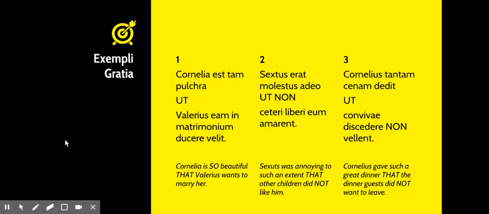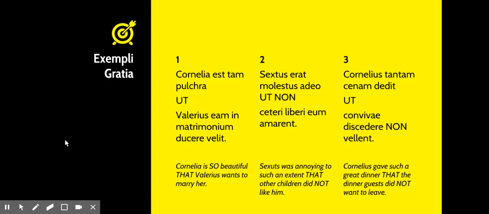Some examples for you. Cornelia est tam pulchra ut Valerius eam in matrimonium ducere velit. Cornelia is so beautiful that Valerius wants to marry her. Number 2, Sextus erat molestus adeo ut non ceteri liberi eum amarent.